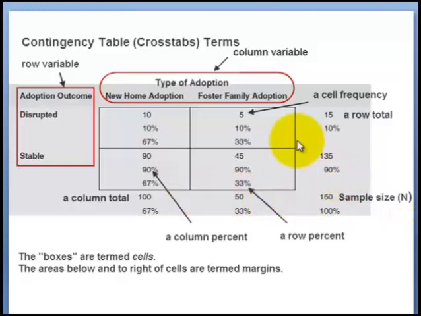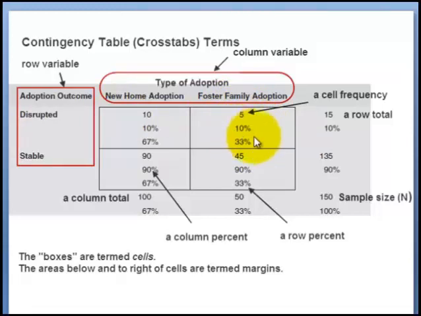Now the boxed in areas of the contingency table are termed cells. For instance, here's one cell, here is another cell. This cell is referencing disrupted adoptions by foster families. The information in this cell pertains to that.